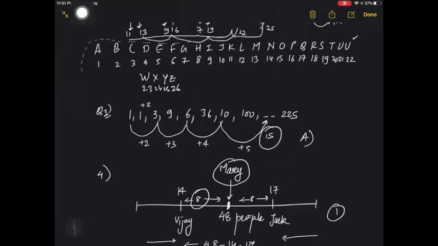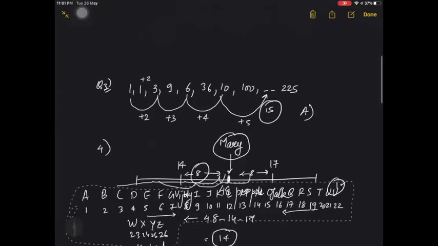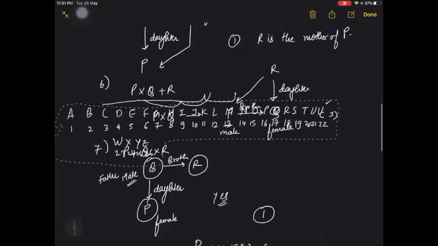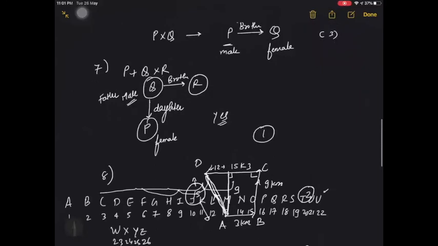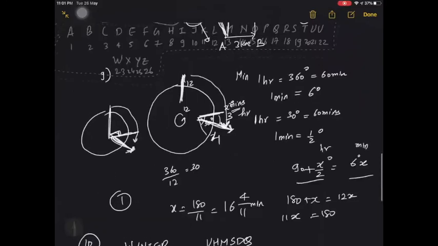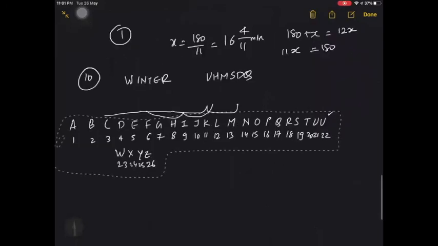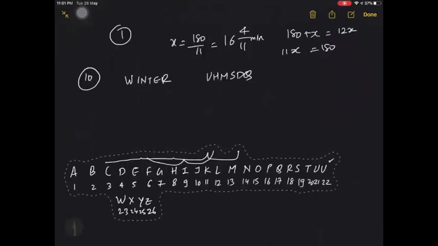So always in the exam, you're supposed to write this part down. It helps you very much in solving. Now, if I understand, W corresponds to 23.